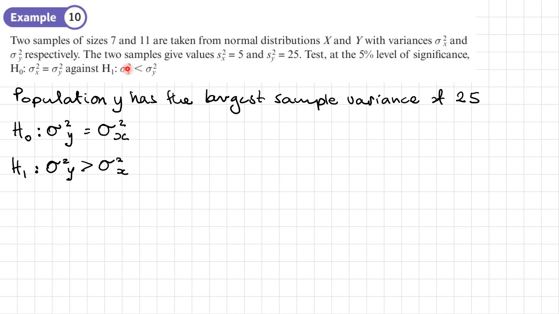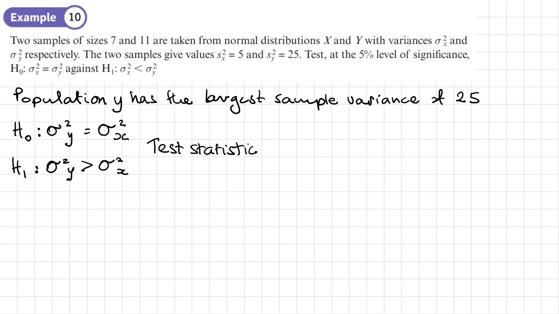But again, that's exactly the same as what's written here, just flipped around. But I'm just going to write it this way, to be consistent with what I've said, and put the largest sample variance first at the beginning and greater than here.